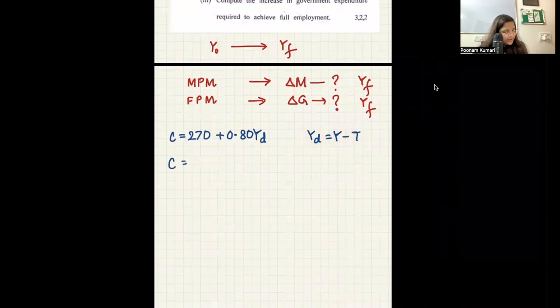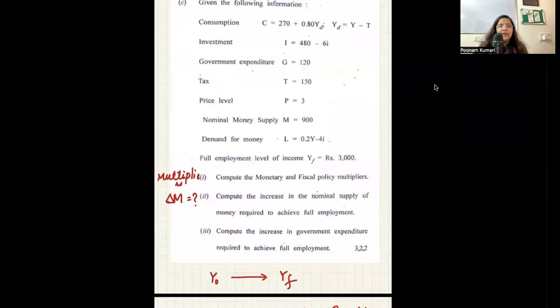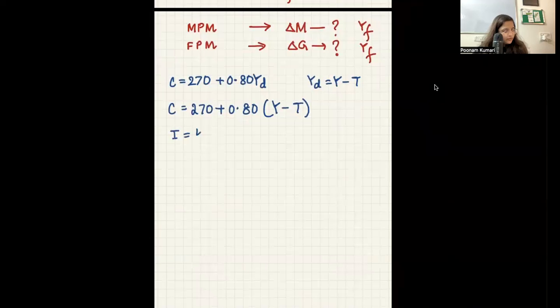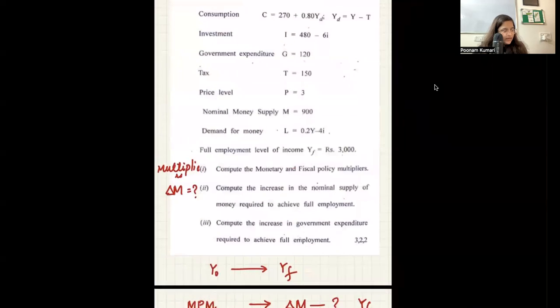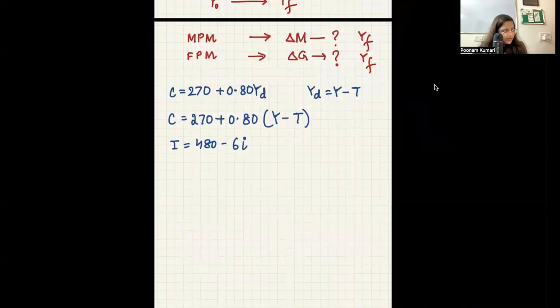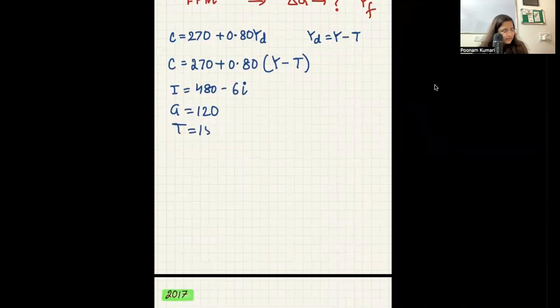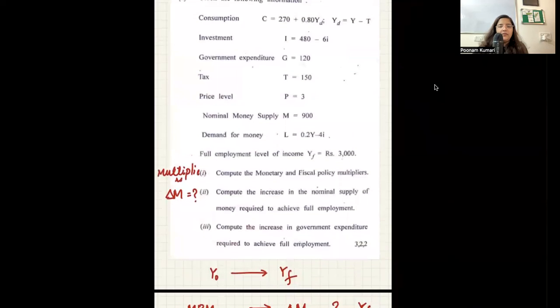So C actually is 270 plus 0.80 YD, YD is Y minus T. This is the consumption function that we have. And then investment is I equals 480 minus 6i. And then we have G equals 120. And then we also have T equals 150. And then we have P equals 3, M is 900.